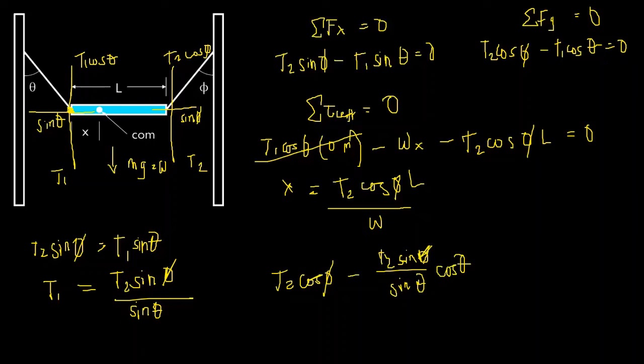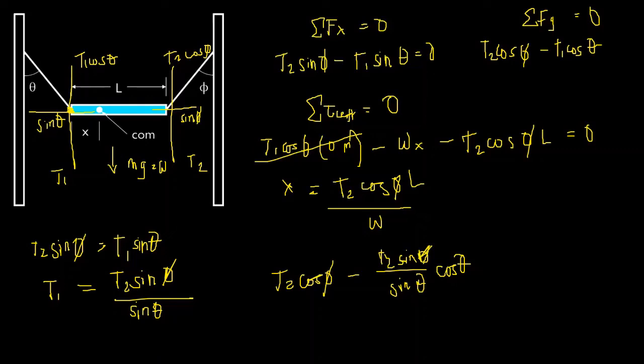And another thing to add pala, nalimutan ko. Sa summation of Fy, hindi lang pala T2 cos phi minus T1 cosine theta ang ilalagay natin. I forgot to add na ilalagay din pala natin yung weight. Kasi, makikita natin yung weight is directed downwards.